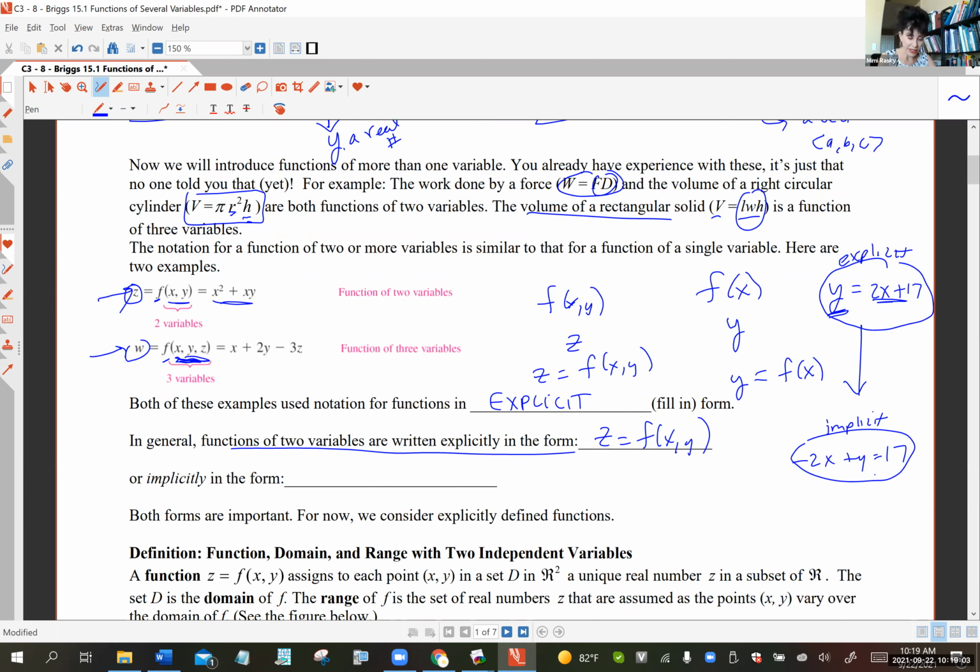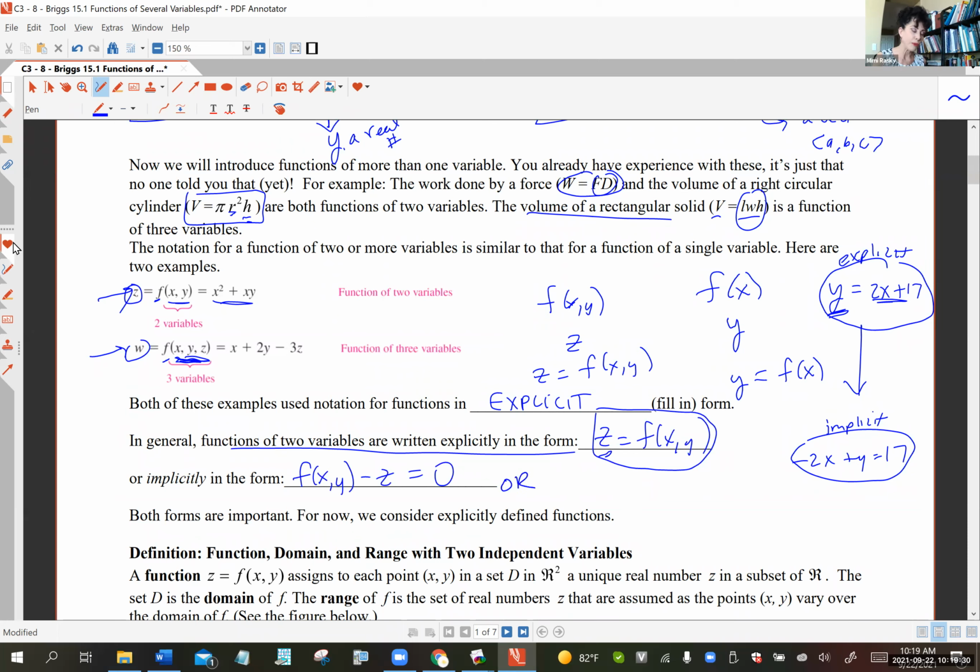So if you have the explicit function of two variables, you're able to isolate the z on one side of the equation and all the x's and y's on the other side. But if they have everything rewritten, where, let's say, you subtract the z from both sides of the equation like this, and rewrite it as f of x, y minus z equals 0, that's implicit.